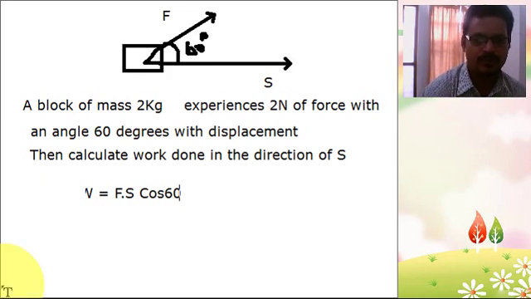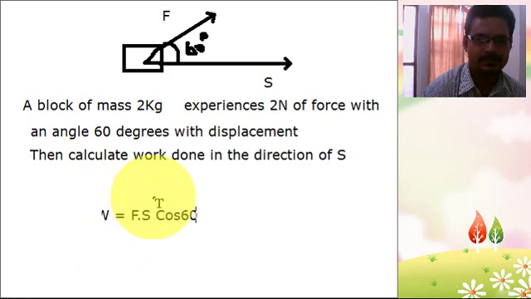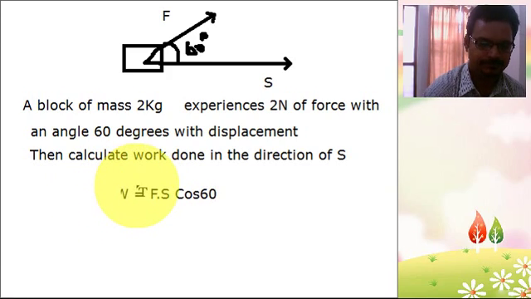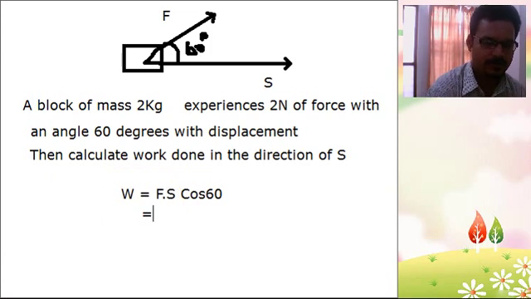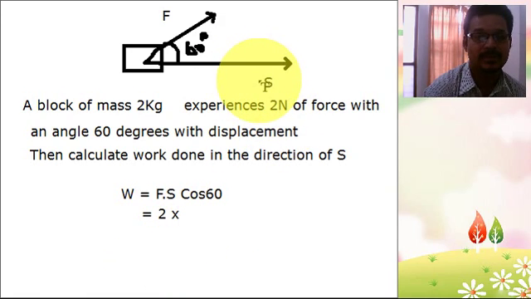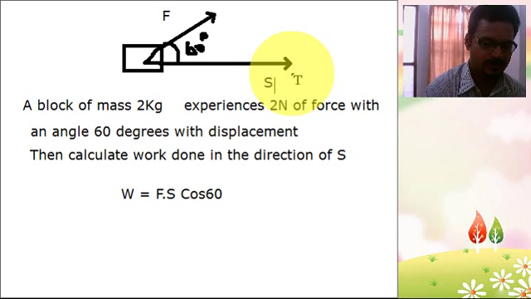So you can write like this, W equals, what is the force value? 2 newtons, 2 into displacement. Displacement is not mentioned here. For example, say displacement is 4 meters.